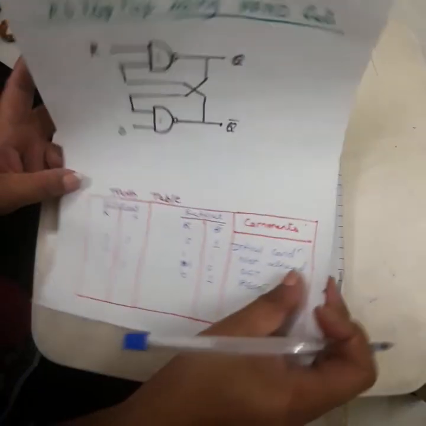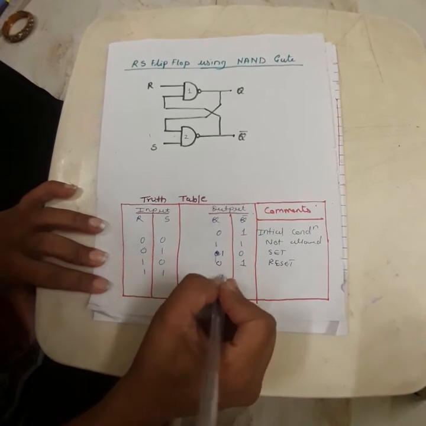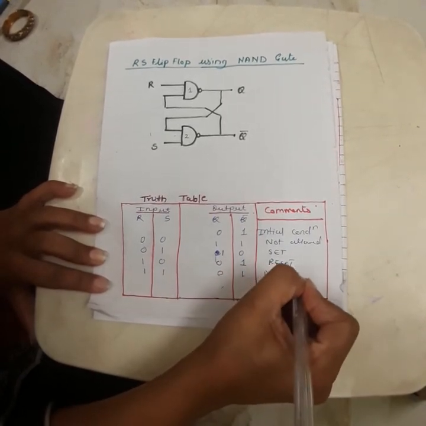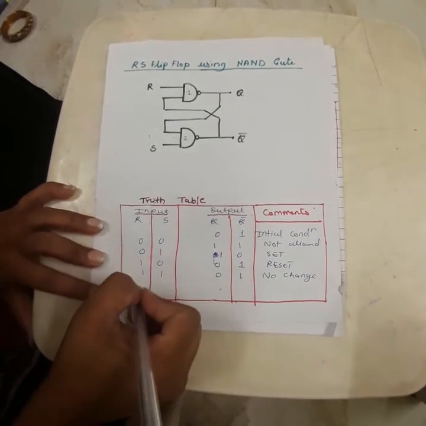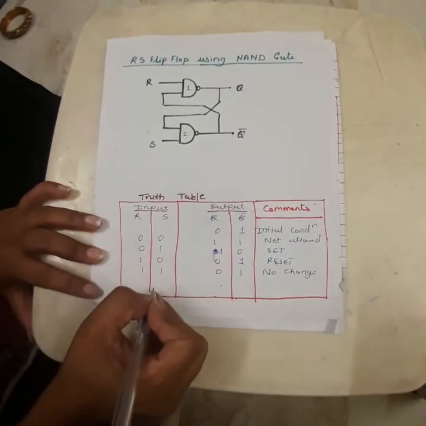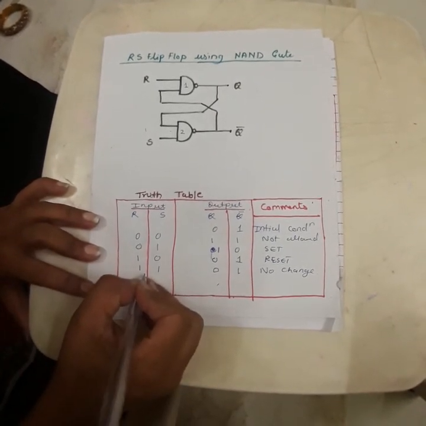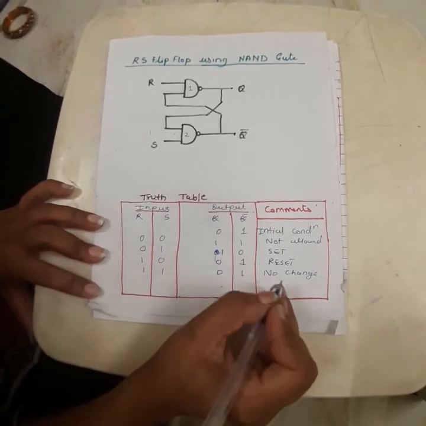So this state of the flip-flop is used as a memory element, because whenever your input changes but your output is not changed, it is used as a memory element.